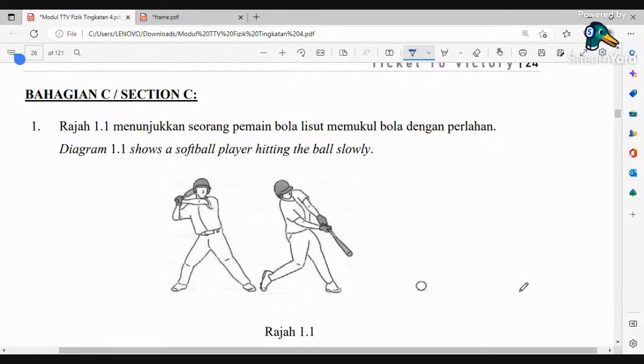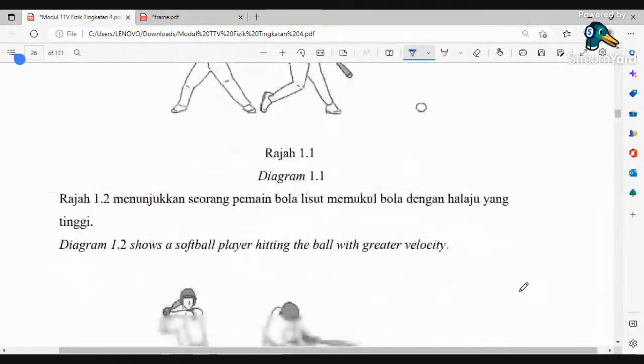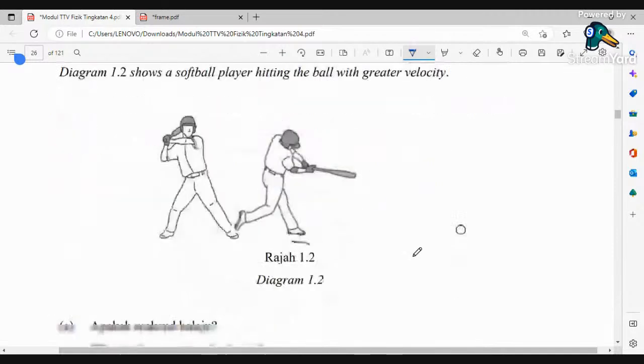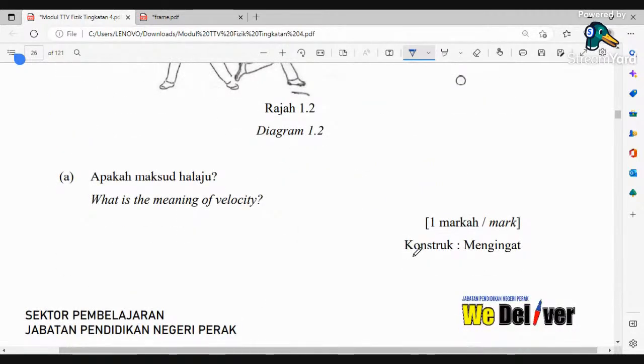Diagram 1.1 shows a softball player hitting the ball slowly. Diagram 1.2 shows softball player hitting the ball with greater velocity. Okay, what is meant by velocity? Apa maksud velocity?